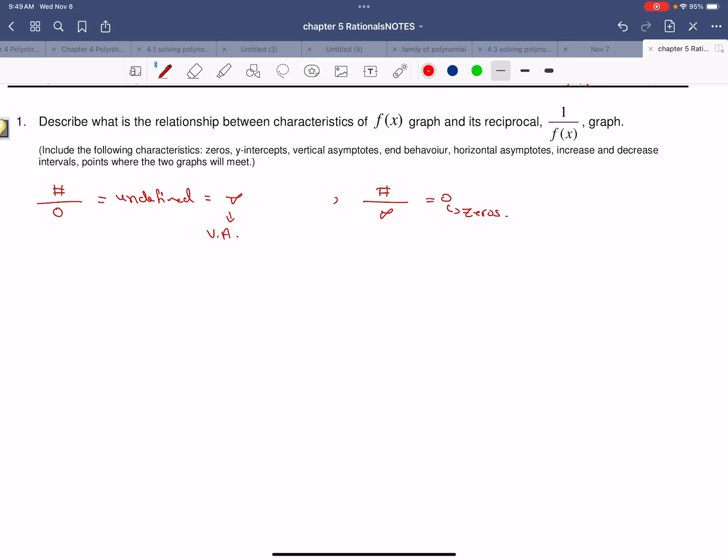So in general, if you have 1 over f of x, whatever f of x is equal to 0, the reciprocal will have a vertical asymptote. So the zeros of f of x are the vertical asymptotes of the reciprocal function.